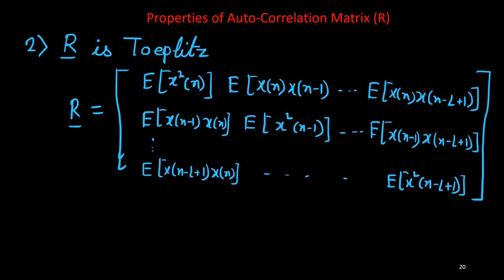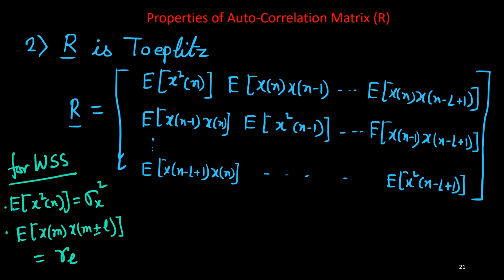And here we will use that wide sense stationary property of x[n]. The expected value of x square n is independent of index n, it becomes sigma x squared, and the correlation between sample m and m plus or minus L is again independent of the index m.